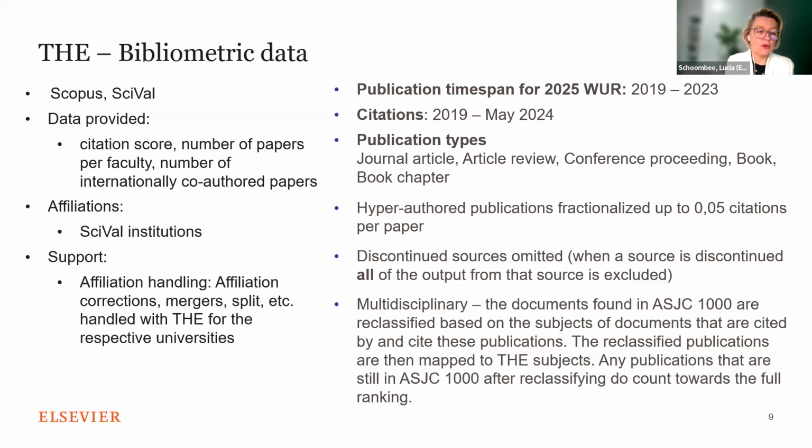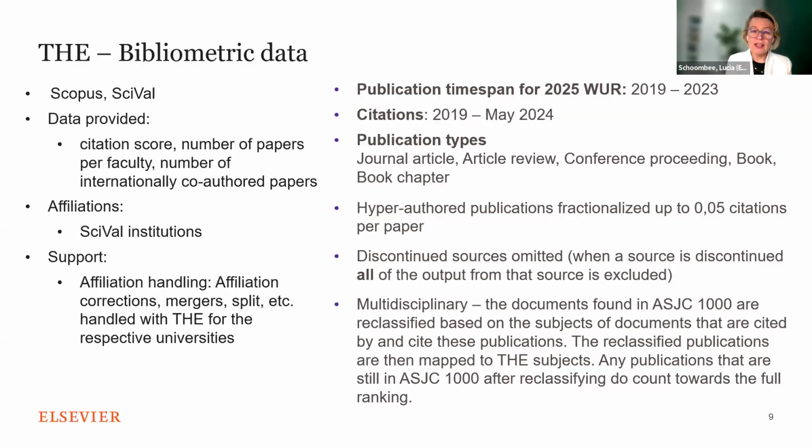These days, it's not so uncommon to have 1,000 authors on a paper. Times Higher Education handles that by fractionalizing the citations up to the point that each institution gets at least 0.05 citations per paper, right?